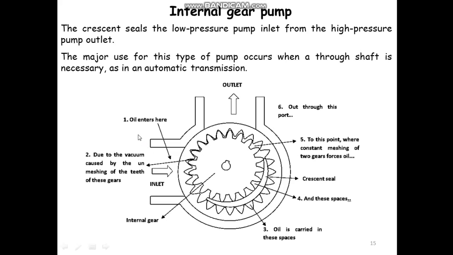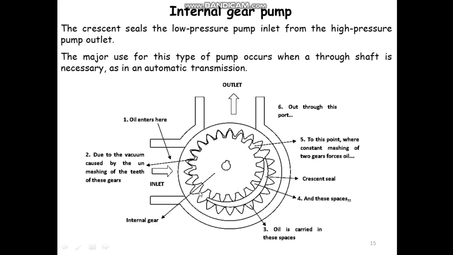If you see the working of this internal gear pump, oil will enter from this side. Due to the partial vacuum created by the rotation of these gears, the air present in these packets is removed. Now if you see, this is a packet and this is a packet. These packets are created by the internal gear and crescent seal, and these are the packets created by the external gear and crescent seal.